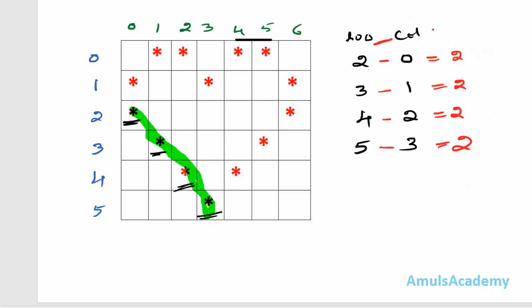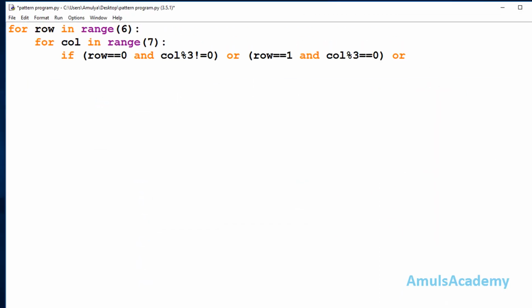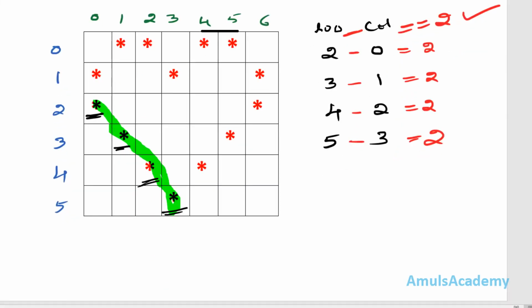So I'll write my condition like this: when row minus column is equal to 2, I want to print star. So my next condition will be, I'll check row minus column is equal to 2. This is my third condition, to print these 4 stars.